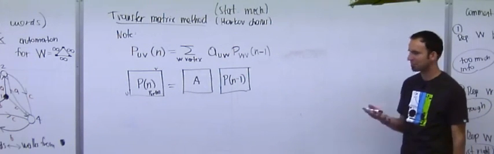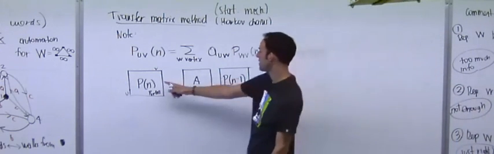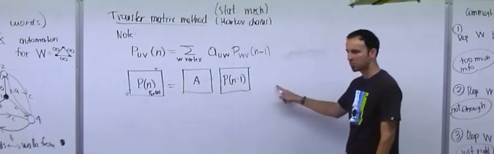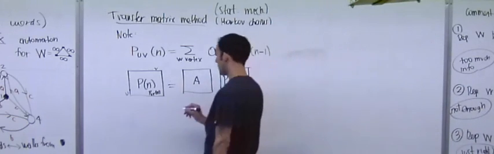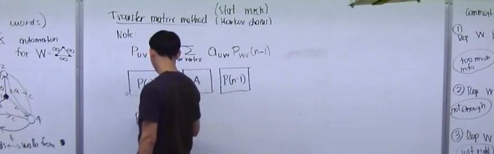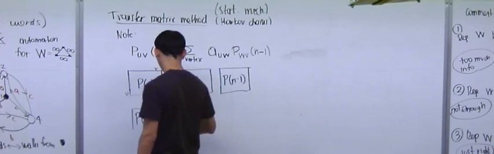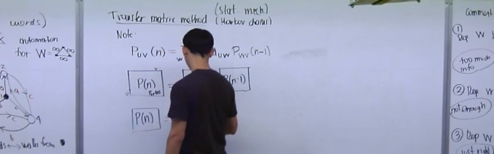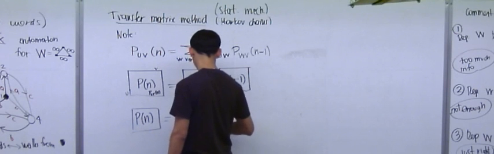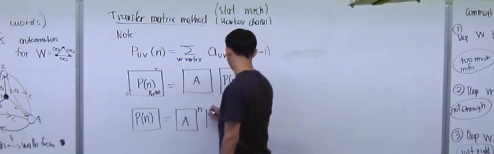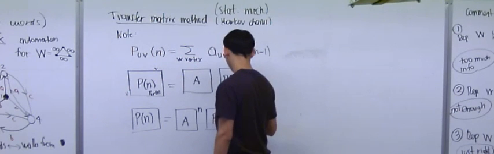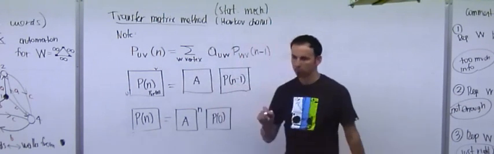And what this means basically is that P of n is A times the next one, which is etc. And so what we get is that this matrix P of n is equal to A to the n times the matrix P of 0.